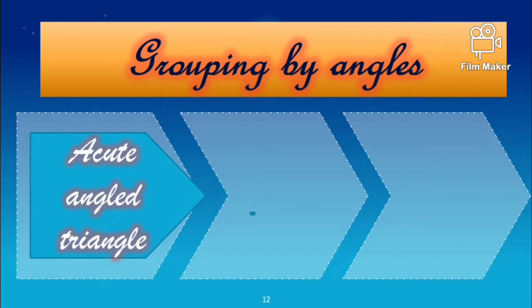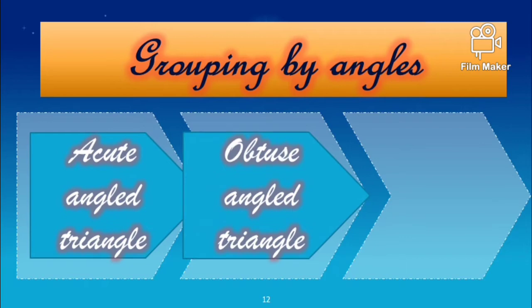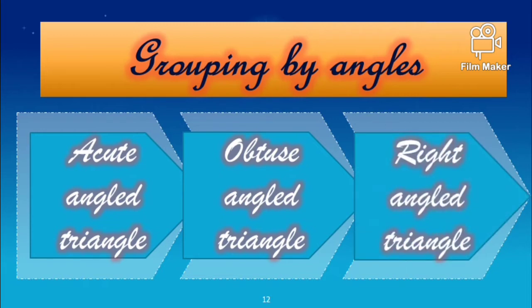The second type of triangle is obtuse angle triangle. And the third type of triangle according to their angle is right angle triangle. Now we will discuss these types of triangle in detail and we will discuss the definitions of these three types of triangle.